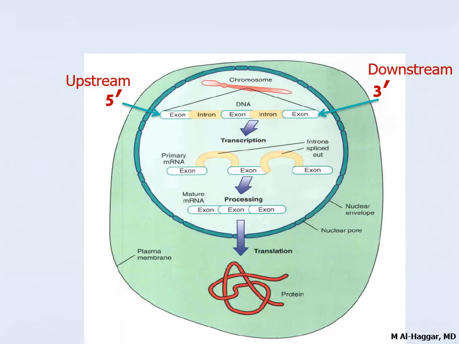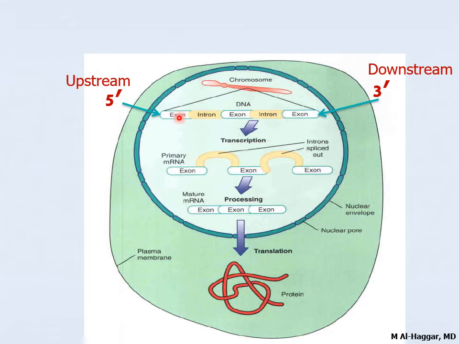Here you can notice that we have the nucleus. This green circle is the nucleus, this is the nuclear pore, and this is the cytoplasm. First, this is the chromosome, and this part of the chromosome is called a gene. After zooming in, it's composed of segments, blue segments and yellow.